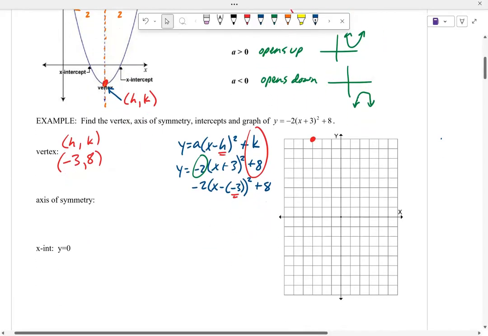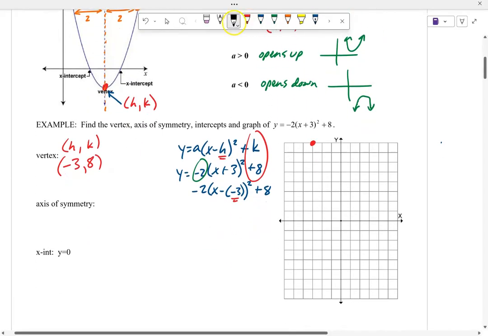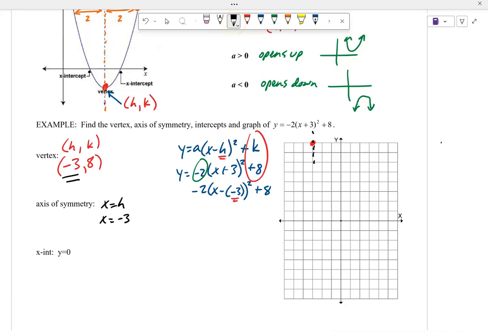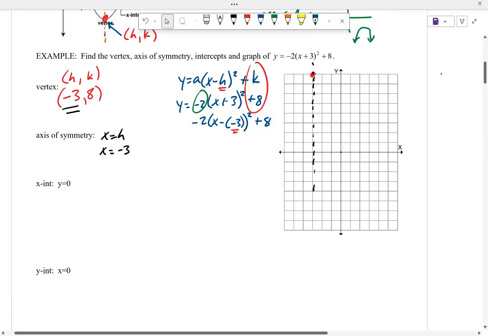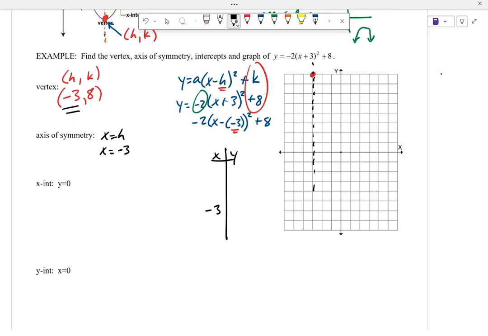So what's our axis of symmetry here? Well, it'd be x equals h. Our h here is negative 3. So I'm going to put that imaginary axis of symmetry on there. I know it's going to be reflective about that line. And what I like to do when I'm graphing this is, as soon as I have my vertex, negative 3, 8, I pick a couple points.